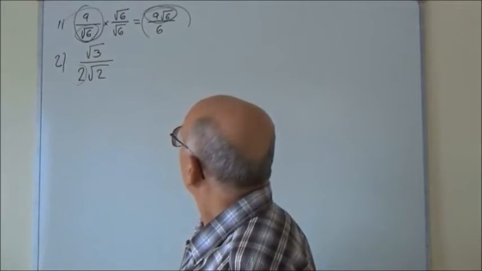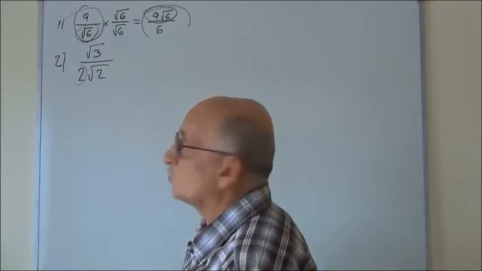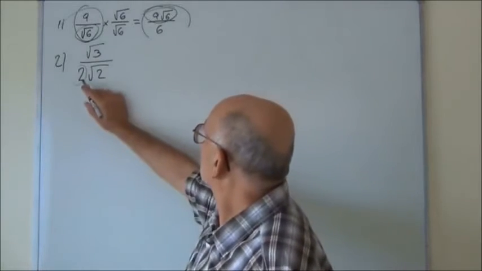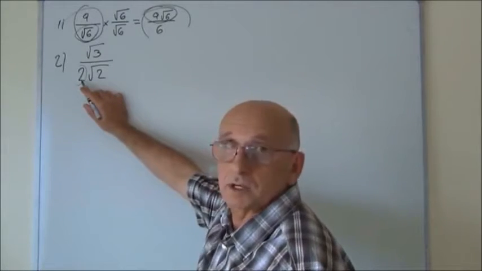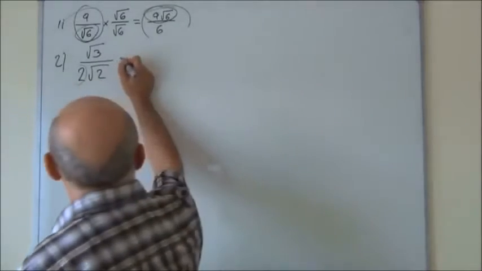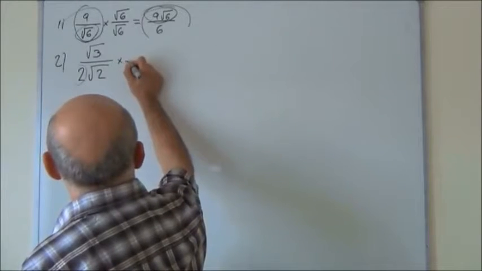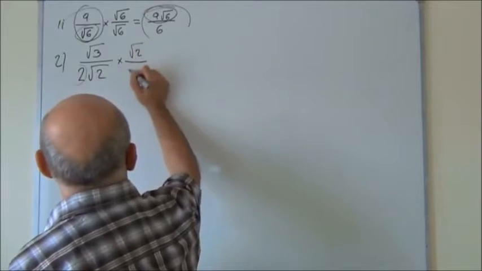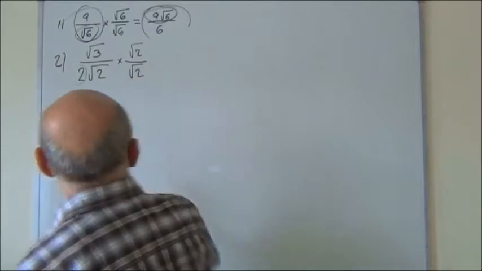However, our target is to remove the surd from the denominator, and we don't care about this number here. So we will multiply that fraction by root 2 on root 2.